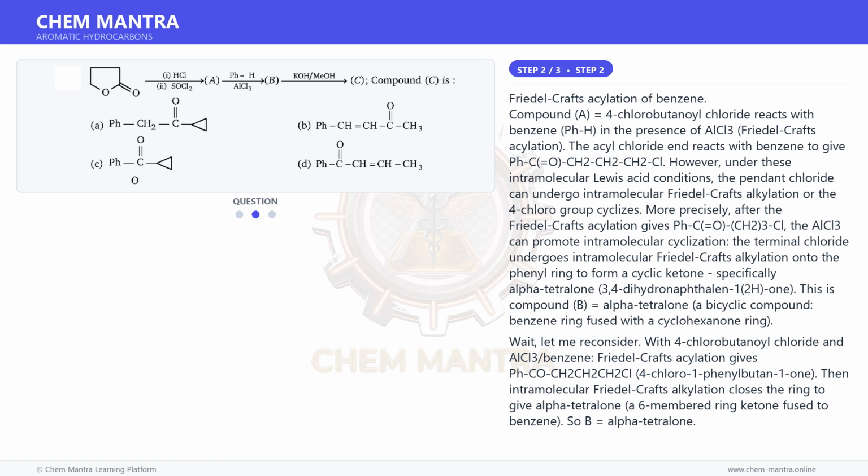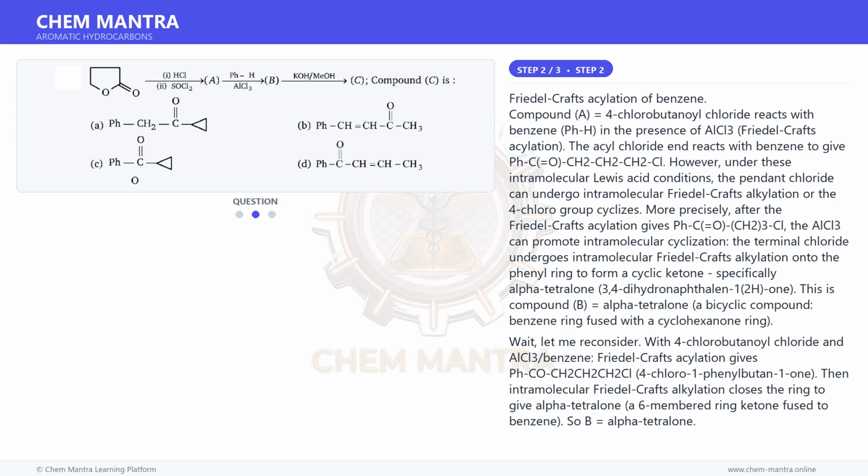The terminal chloride undergoes intramolecular Friedel-Crafts alkylation onto the phenyl ring to form a cyclic ketone, specifically alpha-tetralone, 3,4-dihydronaphthalen-1(2H)-one. This is compound B, alpha-tetralone, a bicyclic compound, a benzene ring fused with a cyclohexanone ring. Wait, let me reconsider.